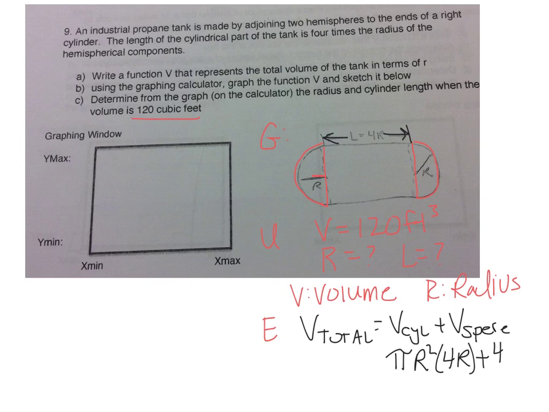And the volume of the sphere is 4/3 pi r cubed. So that's our volume that we're going to graph, and that's a function of r, so we can write v of r. And on your calculator that would be the y1 equals. You can put that in that way. And I'll graph that and we can take a look at it.